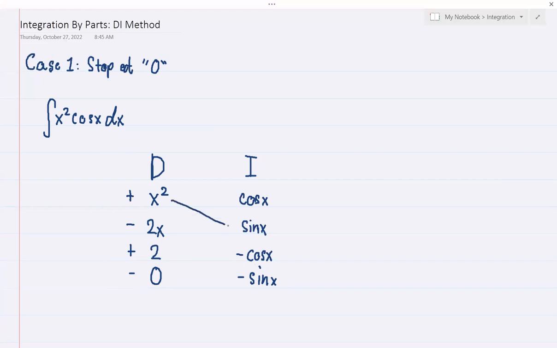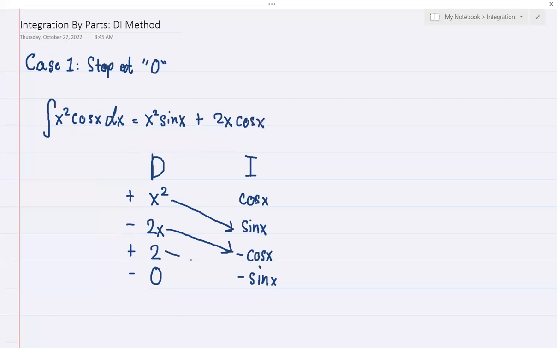So x squared times sine x, we will have x squared sine x. Next, remember, you have a negative sign here, so don't forget, okay? Negative 2x times negative cosine x, so we will have positive 2x cosine x.